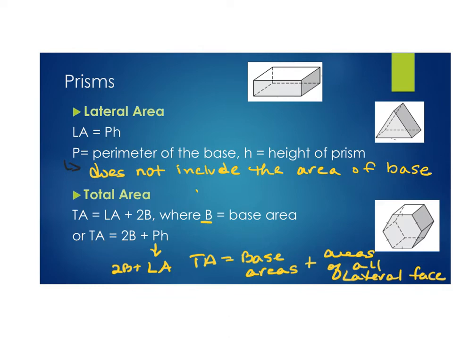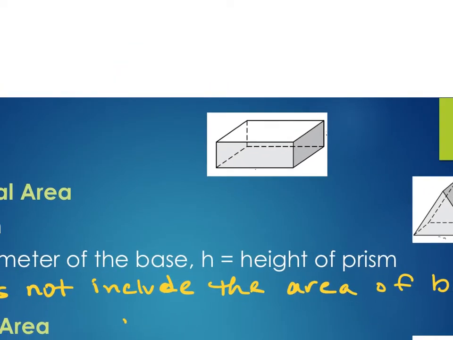So up top here, this is a rectangular prism. When you have a rectangular prism, it doesn't matter which two rectangles you choose and call them your bases.